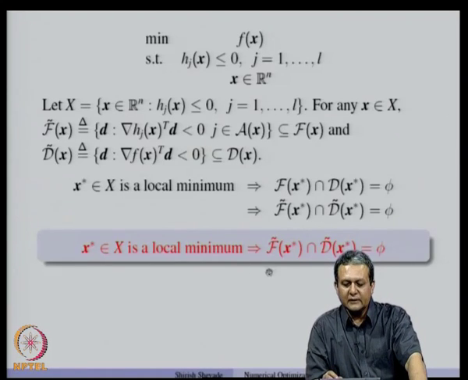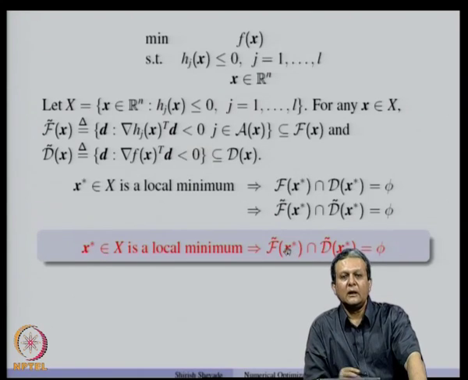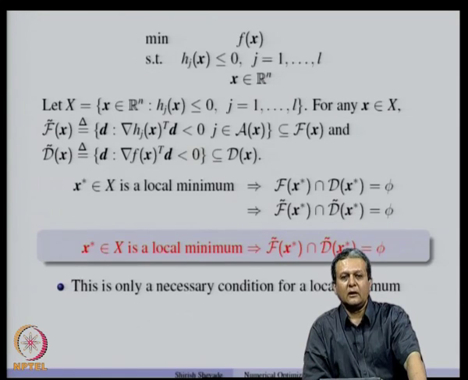So, this is the result that we are interested in: x star which is feasible being a local minimum implies that f tilde x star intersection d tilde x star is a null set.